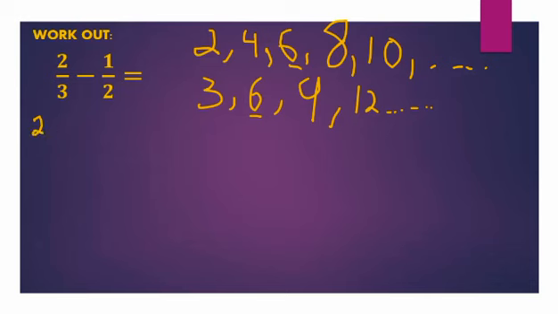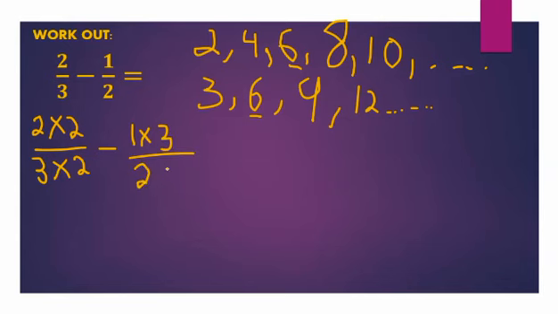So I will write here 2 times 2 over 3 times 2, minus 1 times 3 over 2 times 3.